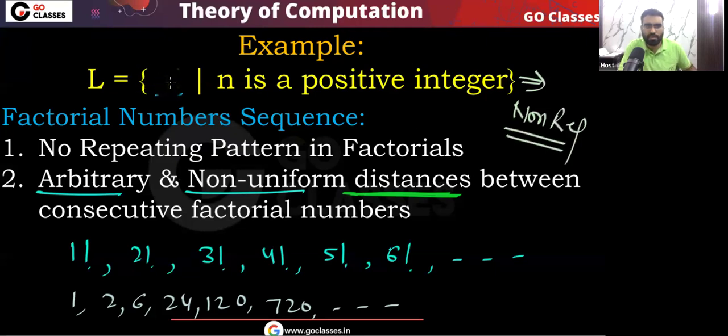For example, in the GATE exam, they can give you a power n factorial, like a power 1, a power 2, a power 6, a power 24, a power 120, a power 720, and so on. Here we have non-uniform, arbitrary distances between consecutive factorial numbers, so this is non-regular.